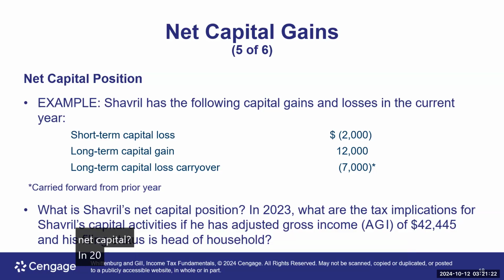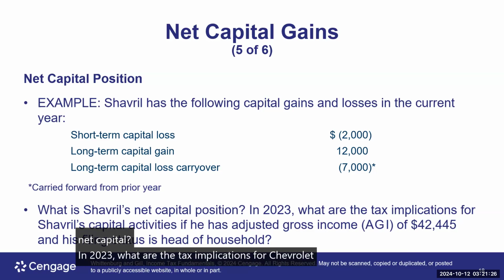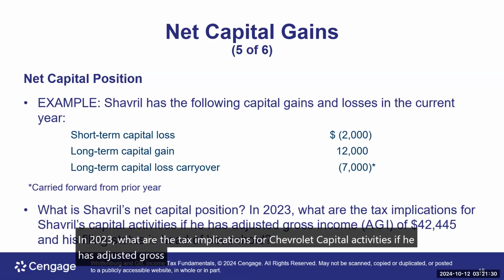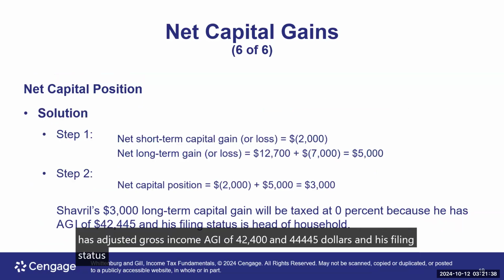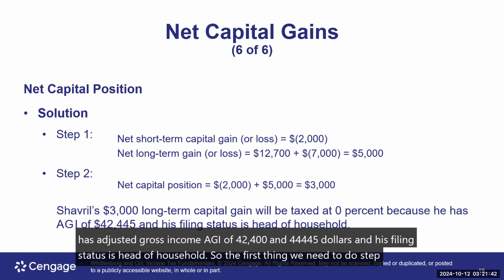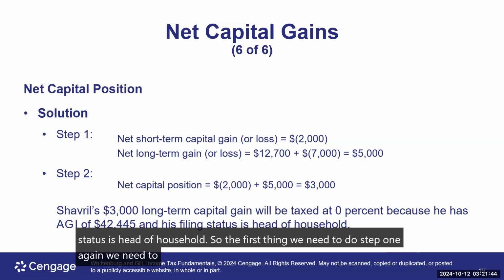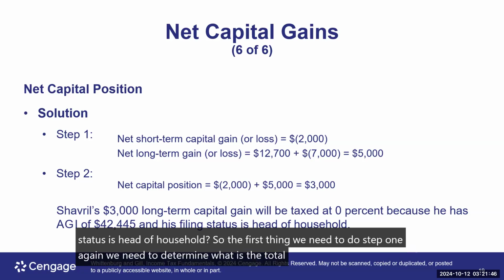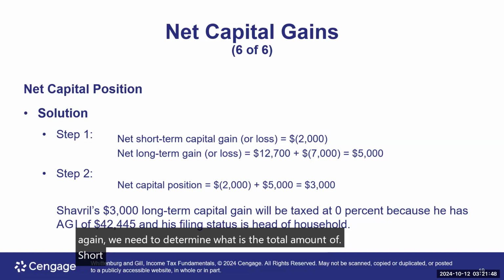What are the tax implications for Chevril's capital activities if he has adjusted gross income, AGI, of $42,445, and his filing status is head of household? So the first thing we need to do, step 1, again, we need to determine what is the total amount of short-term and long-term.